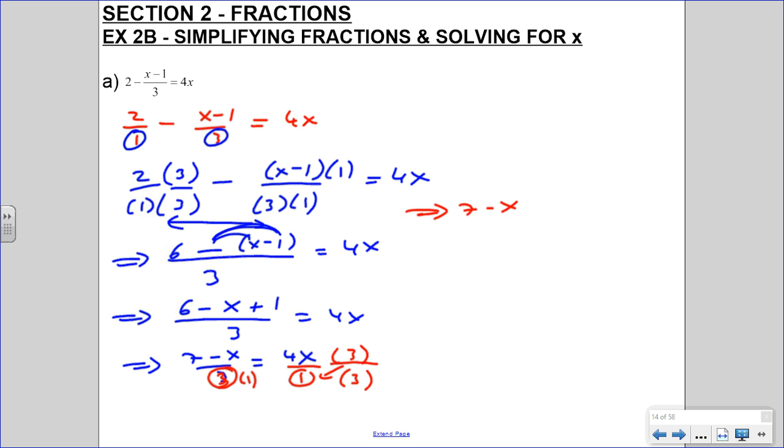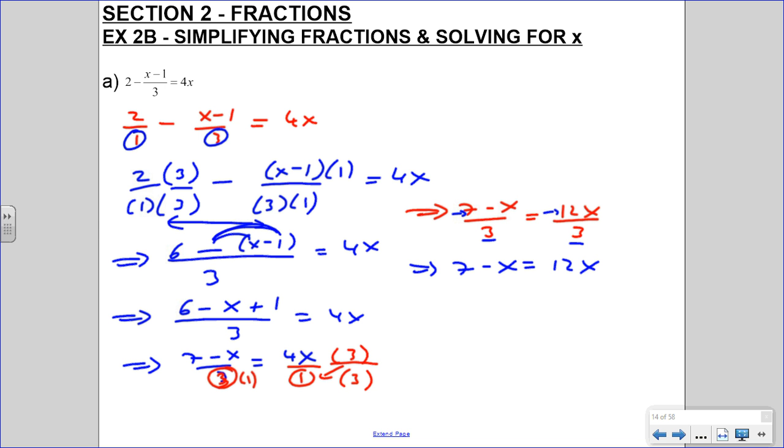So I've got (7 minus x) over 3 equals 12x over 3. Okay? So can you see that the denominators are the same? So if you have two fractions where the denominators are the same, that means the numerators must be the same. So can you see that this is 7 minus x equals 12x?